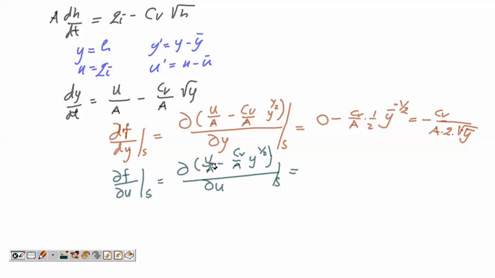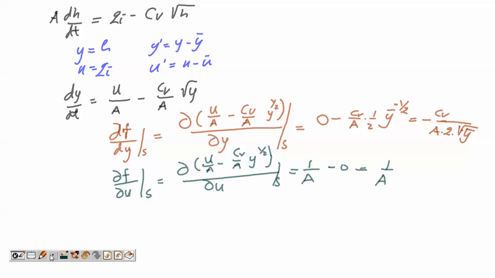The derivative of u over A with respect to u is 1 over A, because we have u with power 1, and in the second part there is no variable u, then minus 0, so the differential of f with respect to u at steady state is 1 over A.